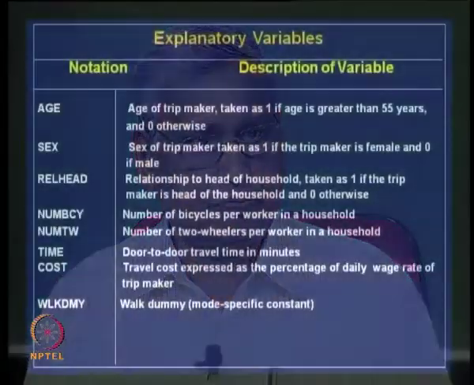When there are 5 people in a household, there may be one elderly person who cannot even walk short distances, still he or she might make a trip using transit, isn't it? And in that case, we must bring in that situation by bringing in this kind of variable.